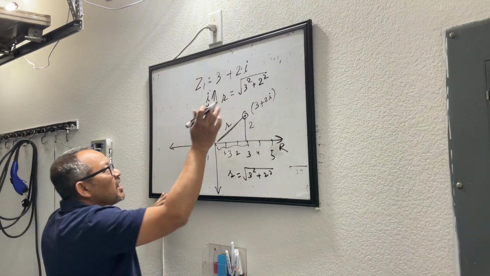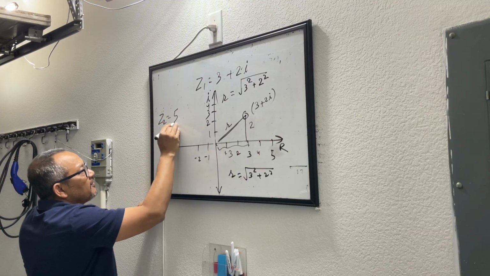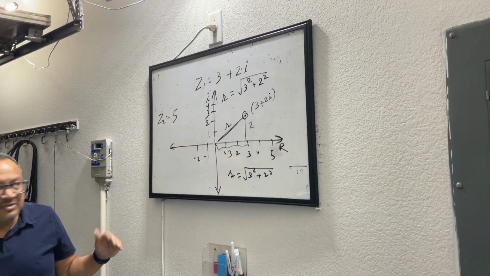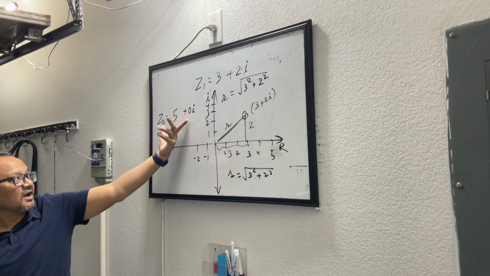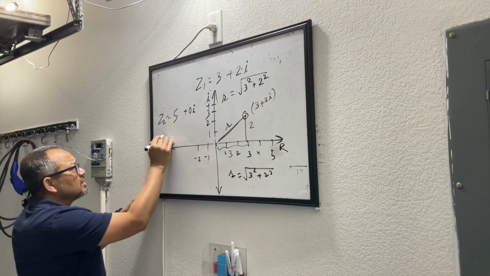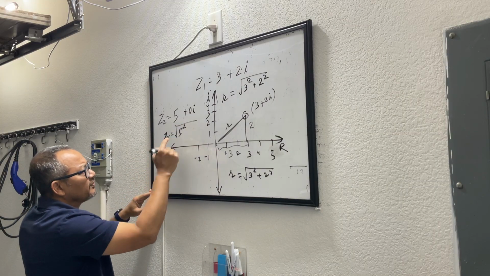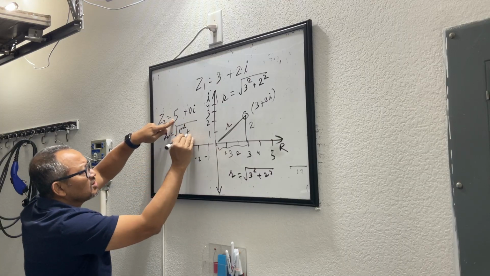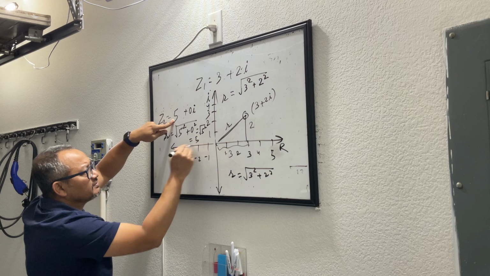Let's say you have a complex number z2 equals 5. That means you have 0i. What will be the magnitude of this one? r will be nothing but the square root of this plus square of this, which is the same as square root of 5 square, which is 5.